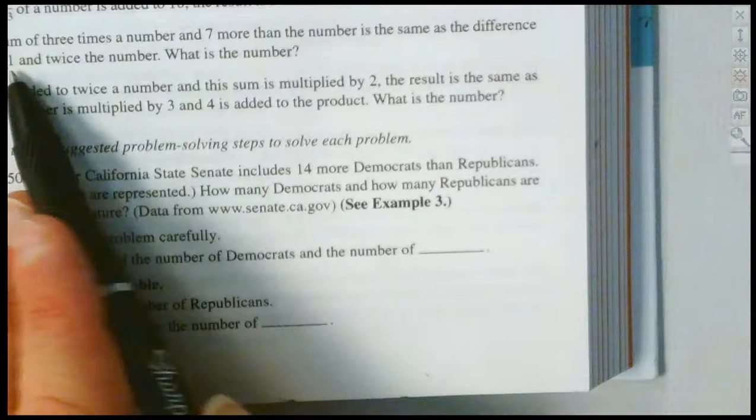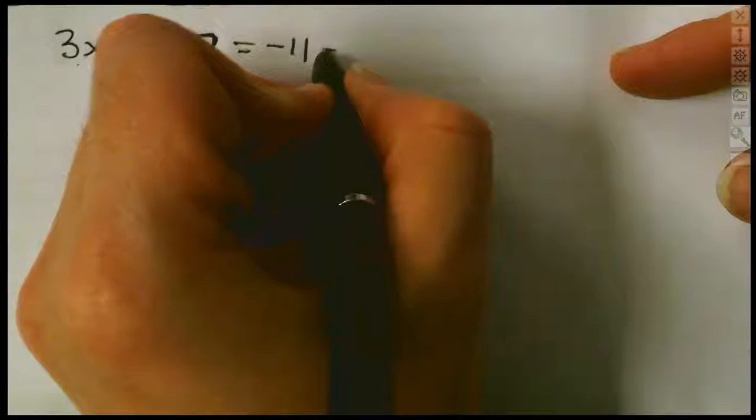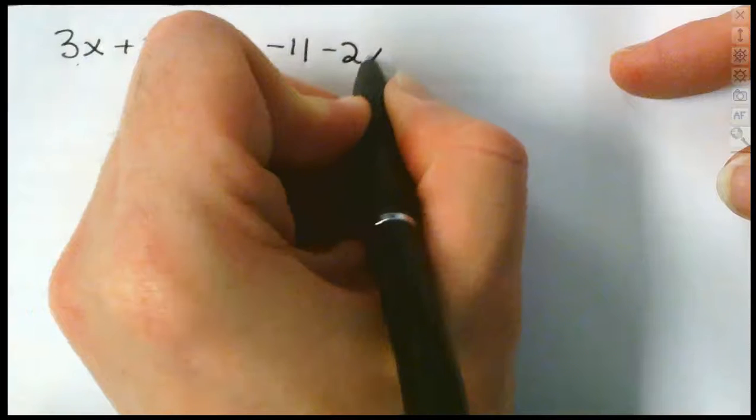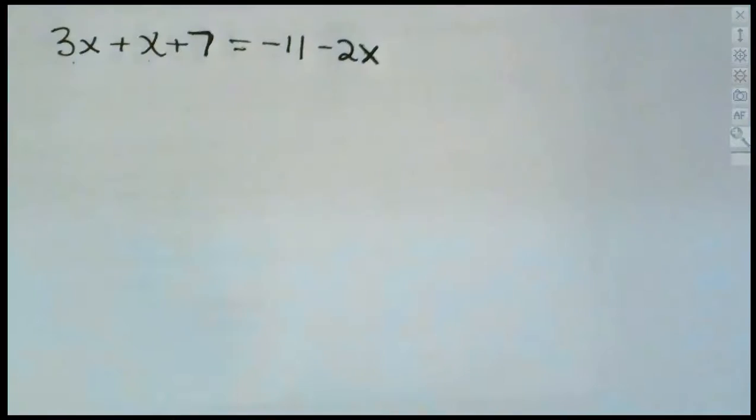So difference means subtract. So we've got negative 11, and we're going to subtract from that negative 11 twice the number. So that's going to be a what? Minus 2x. So that's going to be our equation.